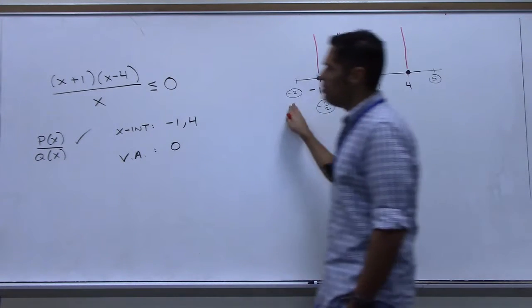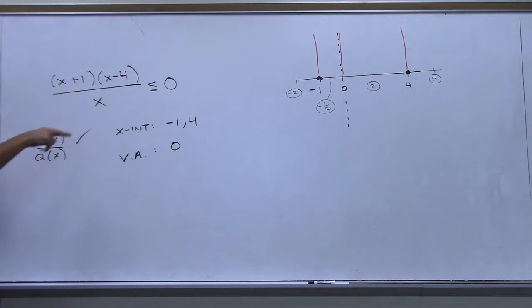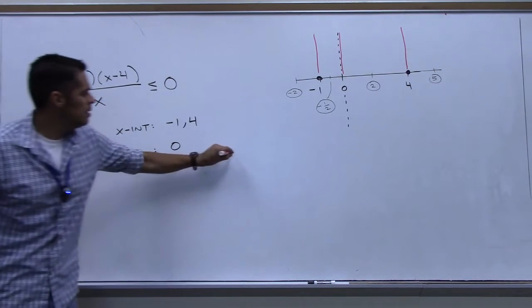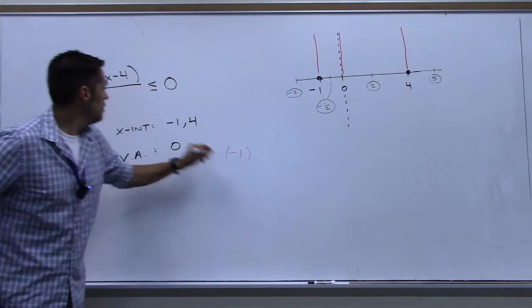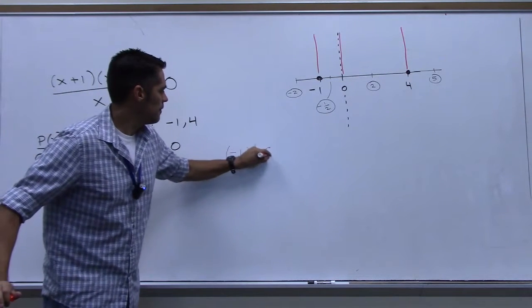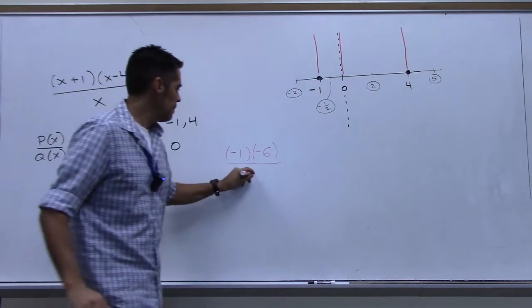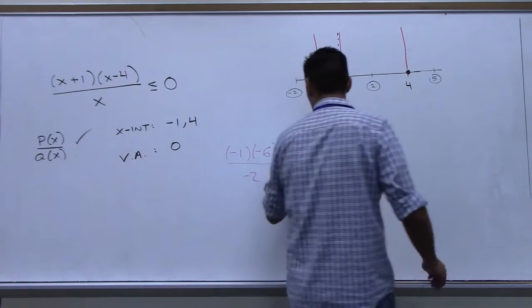Okay, so -2 here is going to go into this. Can you all give me a thumbs up or thumbs down on that? -2 goes in here, you get what? -1 times -2 right here, you get -6. And then on the bottom, -2 right here, you get -2. Is that less than or equal to 0?